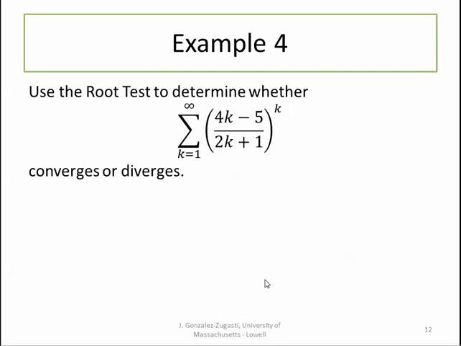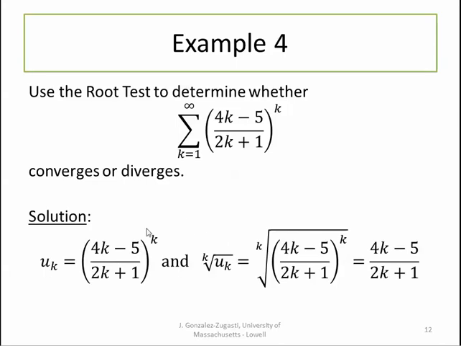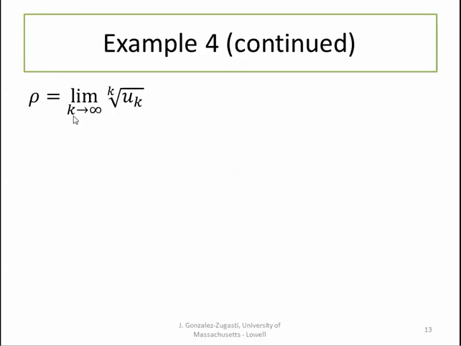So let's look at an example. Let's use the root test to determine whether this series converges or diverges. To use the root test, we determine what our kth term is, and then we look at the kth root of our kth term, and we simplify it. So now we say, okay, rho is going to be equal to the limit as k goes to infinity of the kth root of our kth term.